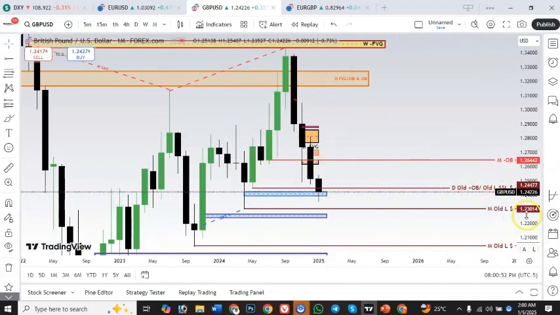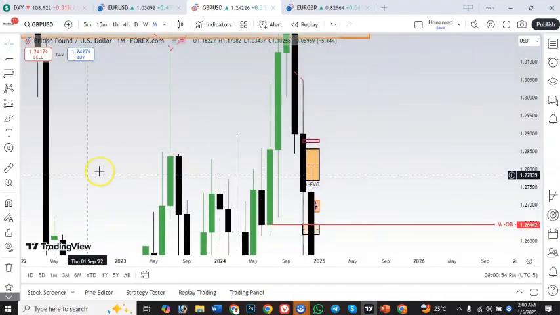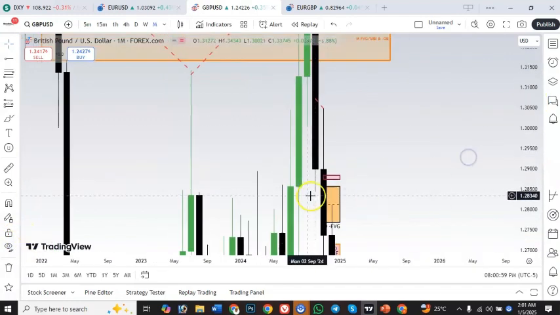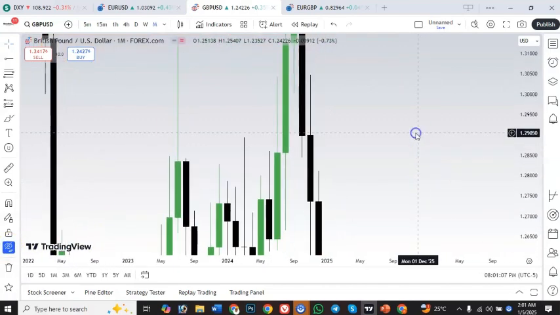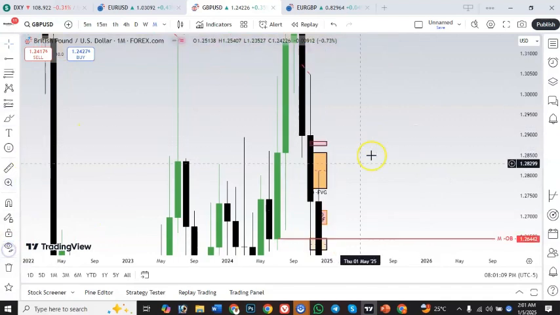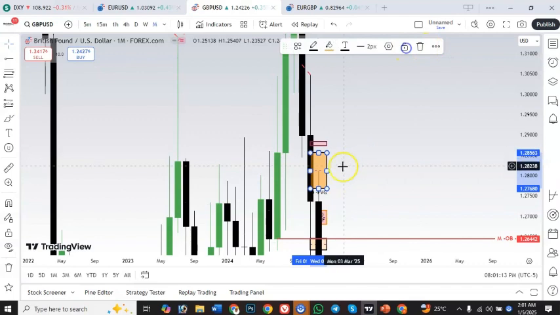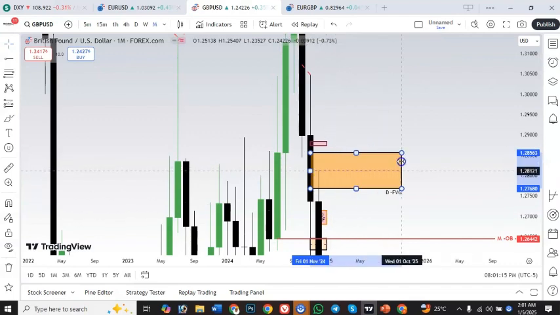Then what next? You drop it. Now there's something beautiful here. What else can you see on this monthly chart on GU? Look. This is a monthly fair value gap. Look at it. Can you see it? Already I have something there, a daily fair value gap, right? So now this is what I'm going to do here.